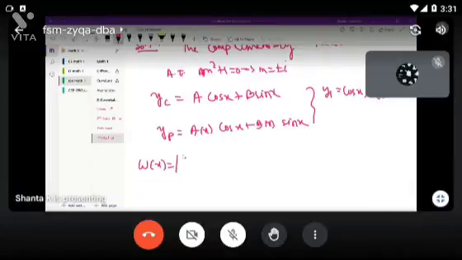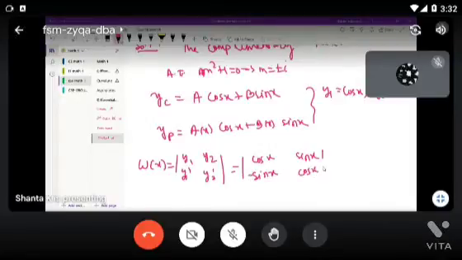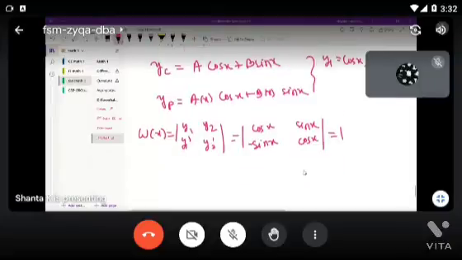So here the y1, y2, y1 dash, y2 dash: cos x, sin x, and here minus sin x, and this is cos x. Okay, so this is cos square x plus sin square x, so 1.